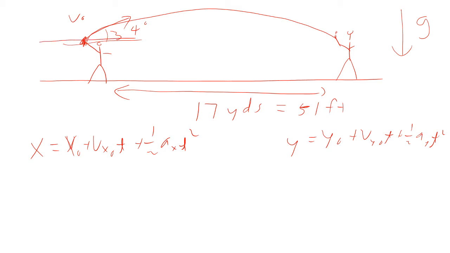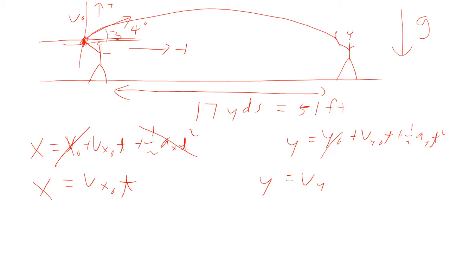If I put my origin right here, say that direction is positive x, up is positive y, x naught and y naught are 0, there's no x acceleration, so x is just going to be vx naught t, and y is going to be vy naught t minus 1/2 g t squared, minus because I said up is positive.